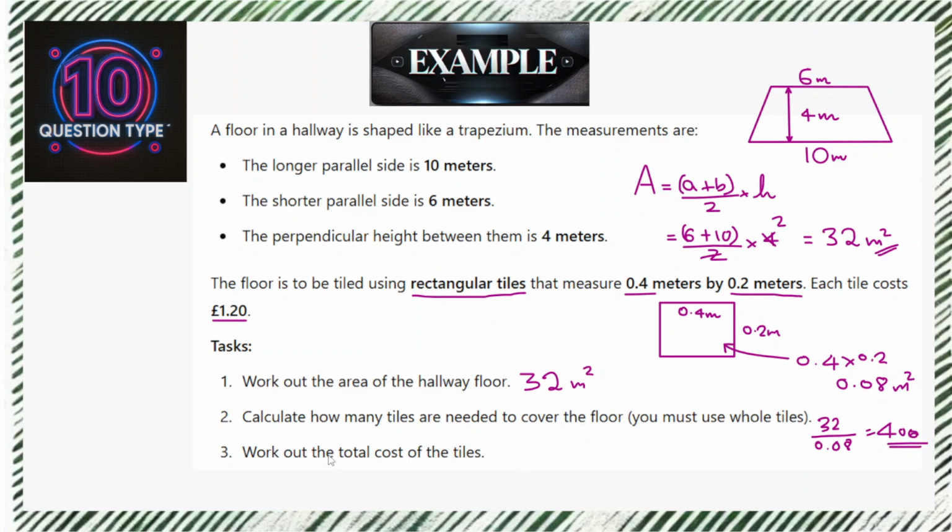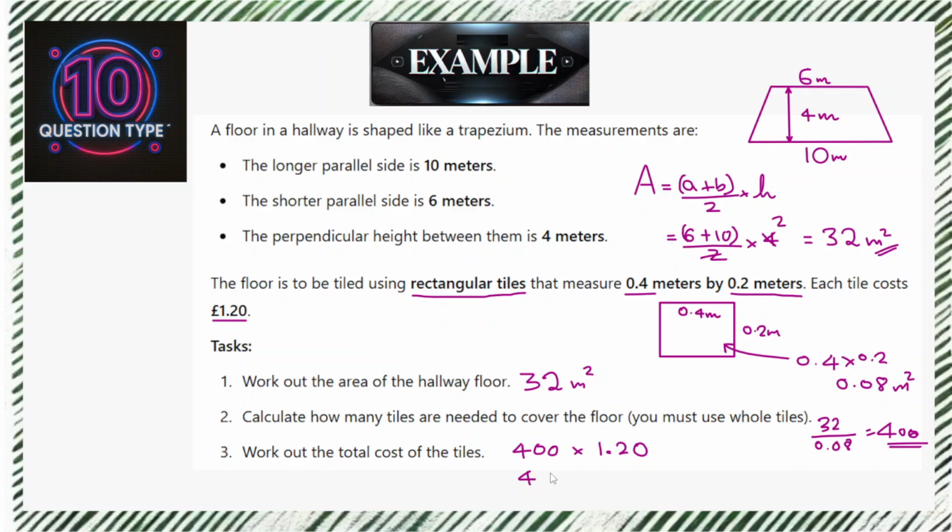Work out the total cost of the tiles. Now each tile is £1.20. So the total cost is 400 multiplied by £1.20. That's 120 times 4.